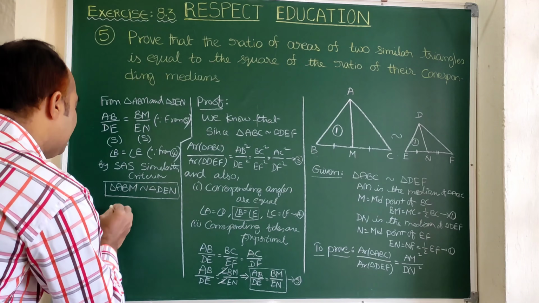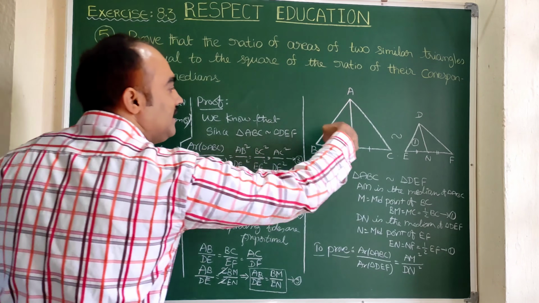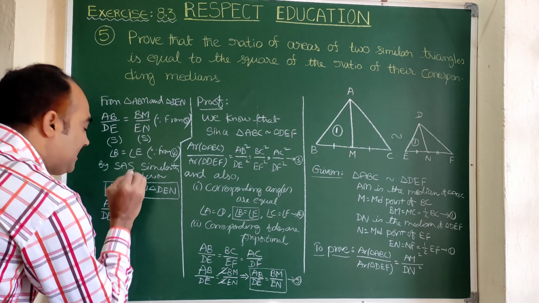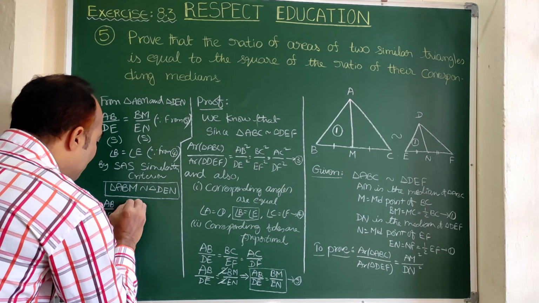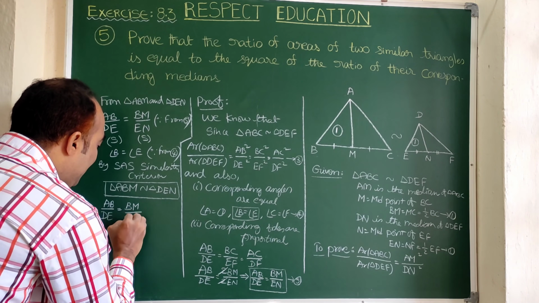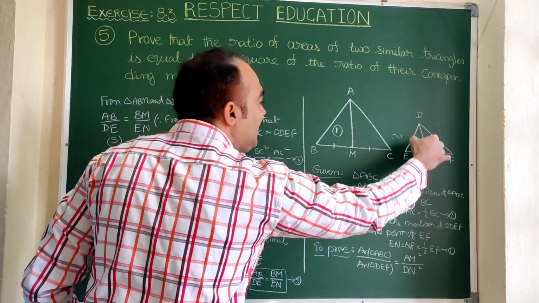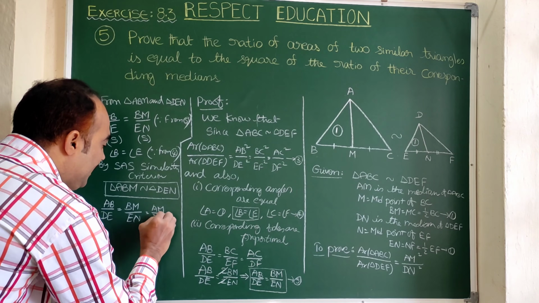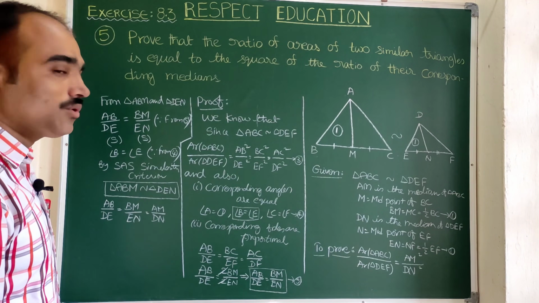So we can write AB by DE can be written as BM by EN, BM by EN is also equal to AM by DN. Now almost we have reached the conclusion.